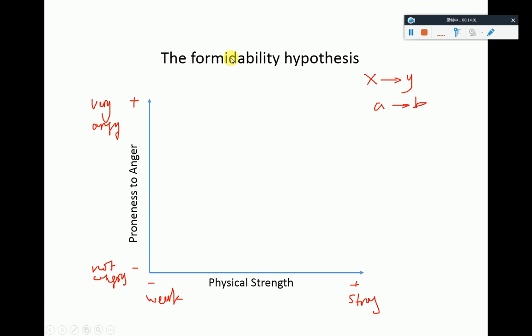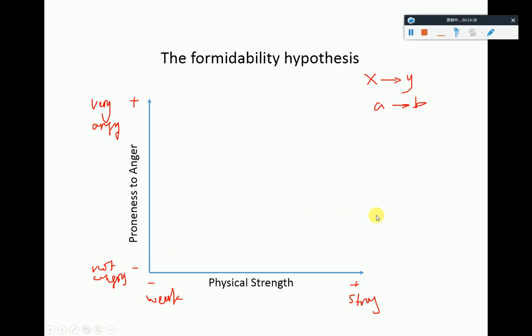So now our hypothesis is that if a person is stronger, that person will be more prone to anger. If that's our hypothesis, what should we draw here so that this graph can visualize our hypothesis? Okay, I'll give you 2 seconds to think about it. 1 and 2.